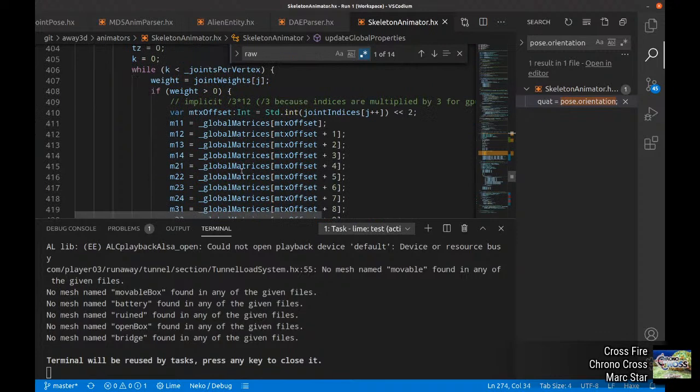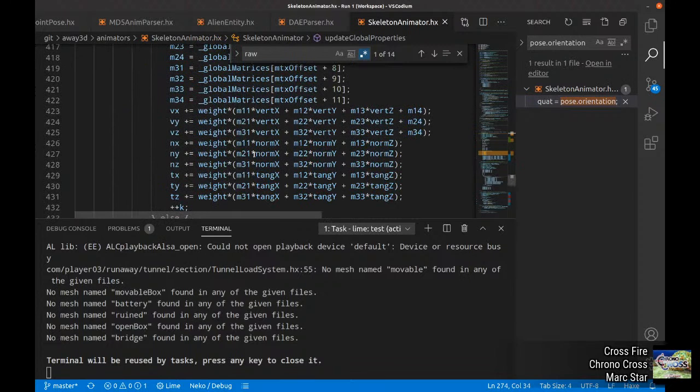Okay, yeah, so eventually it just wants the data as a matrix. Great.